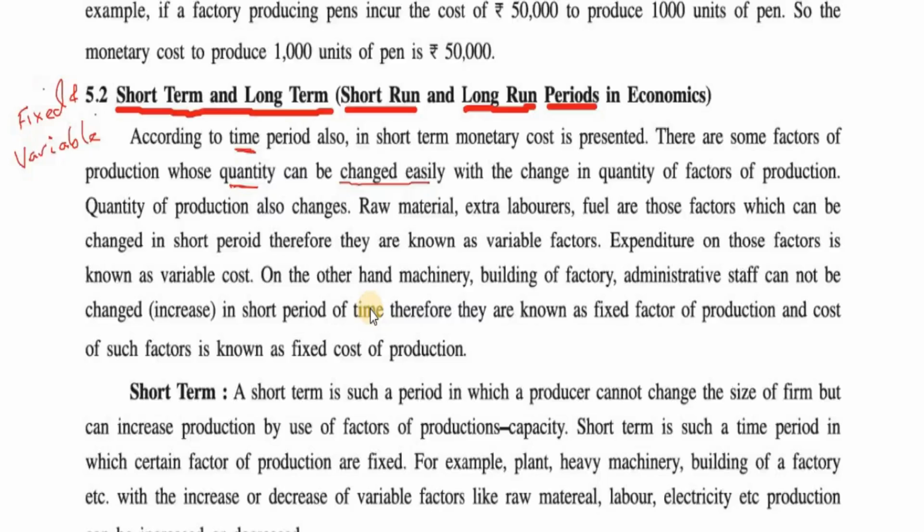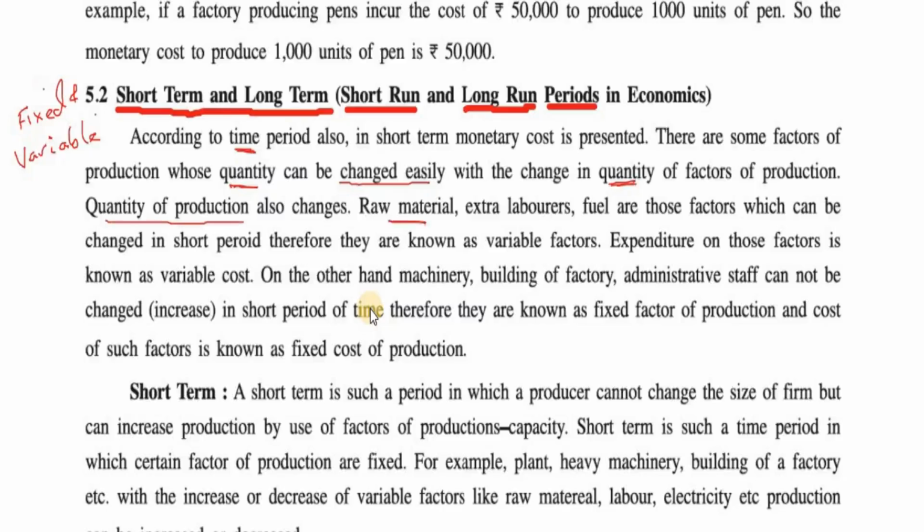We can remove some laborers and production can be decreased. More raw material can be employed and production can be increased. Right? So, the factor of production will change, means the quantity of the factor of production changes, and ultimately the quantity of production also will change.